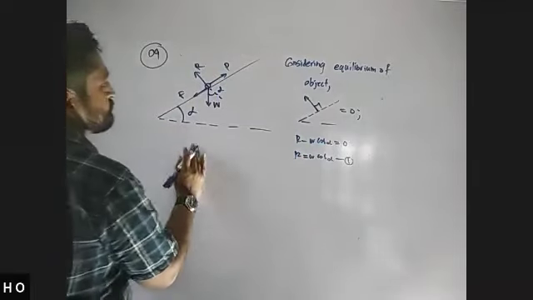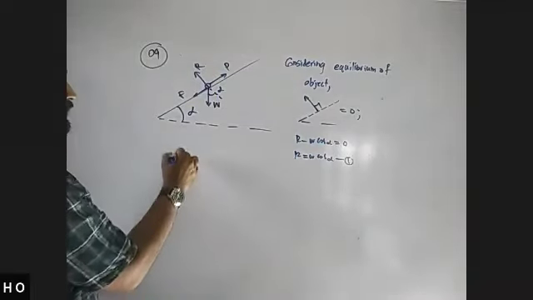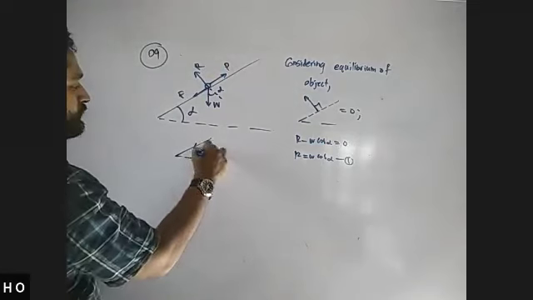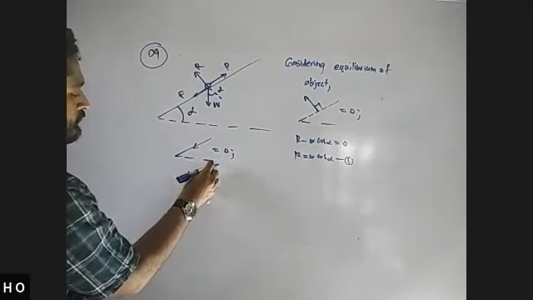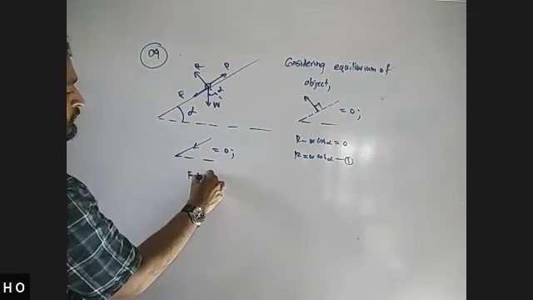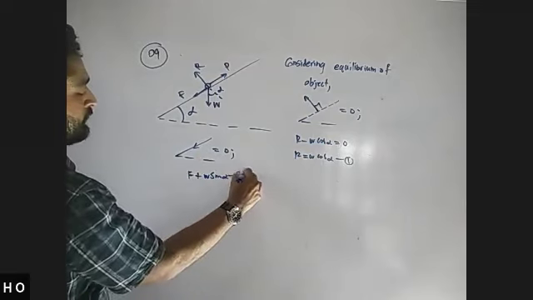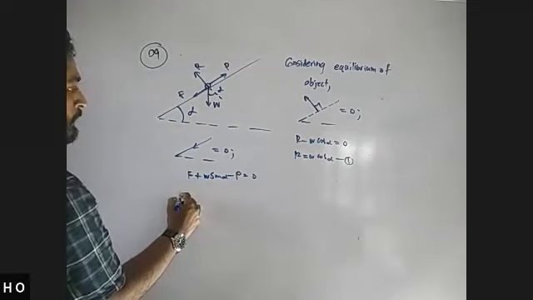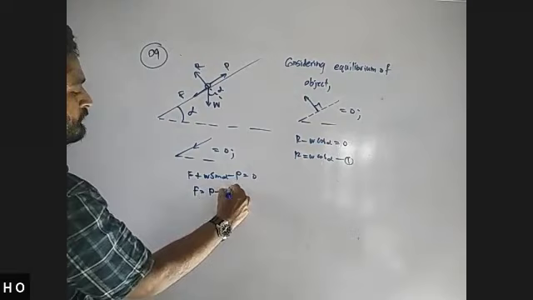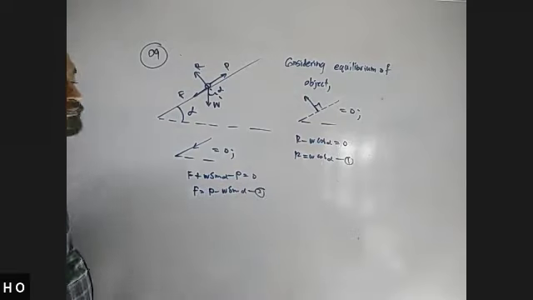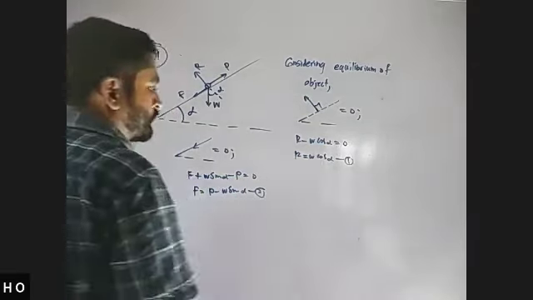Then along the inclined plane the sum is 0. F plus W sin alpha minus P is 0. So F is P minus W sin alpha, that is equation 2.